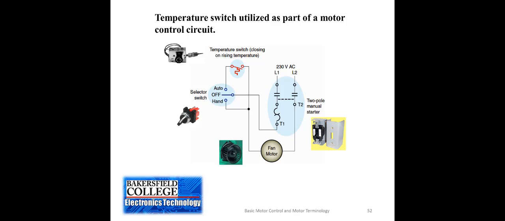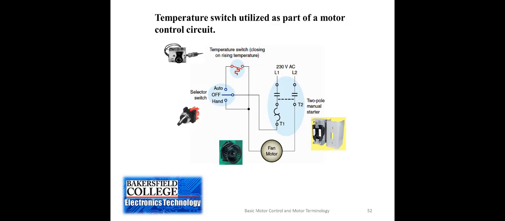But on the inside, it additionally has a heater that will cause this starter to trip when a certain amount of current is sent through it. So we can protect this motor from an overload condition by the use of this starter.